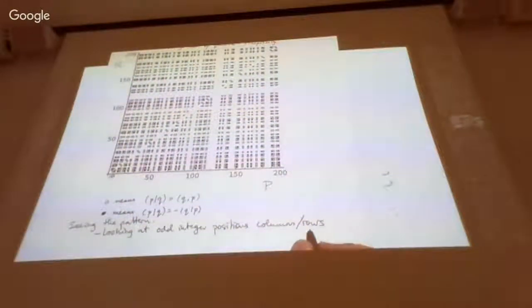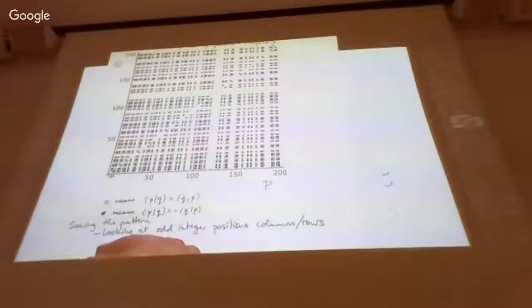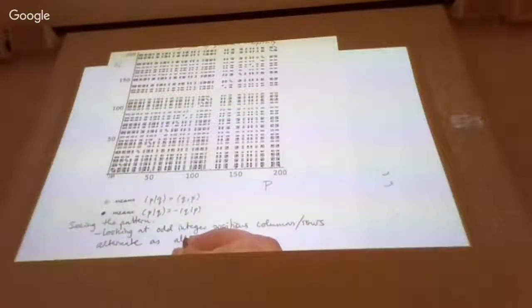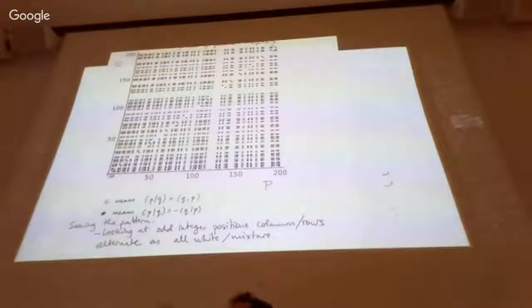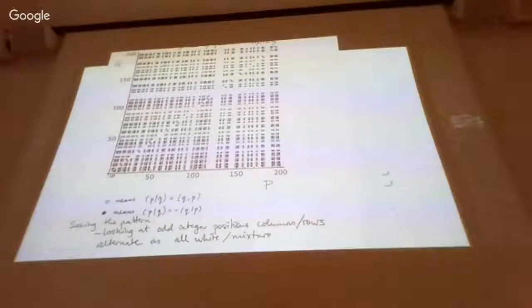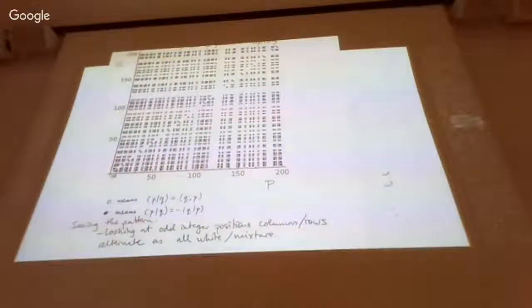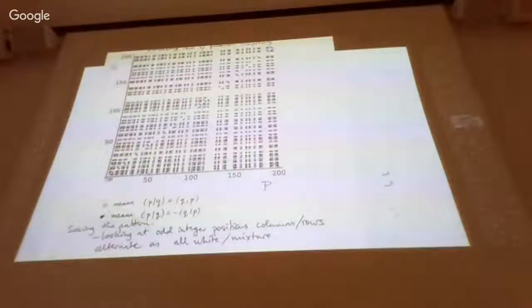Looking at the odd integer positions, the columns and rows alternate as all white, mixture, all white, mixture, all white, mixture. That's preserved in this sample up to 200. It's a reasonable conjecture. By no means a proof that that pattern is there, but it's suggestive evidence.